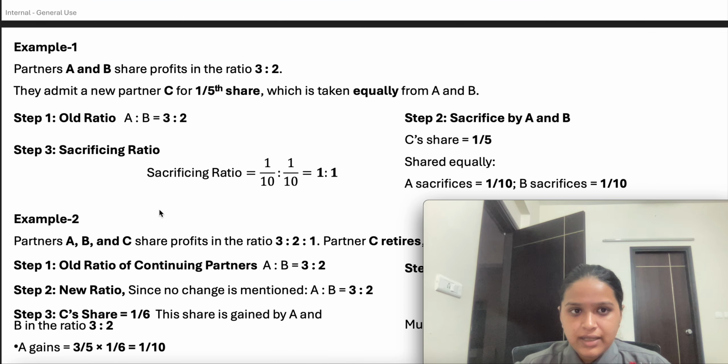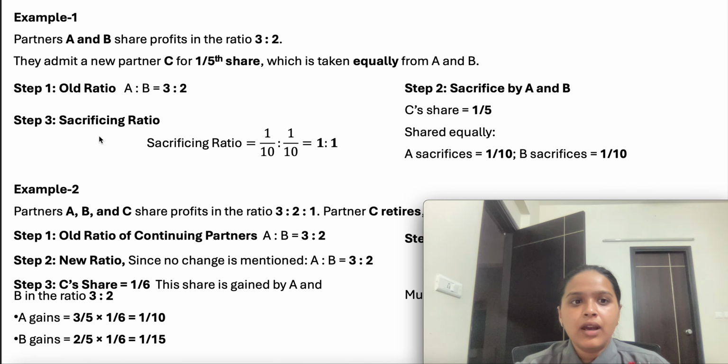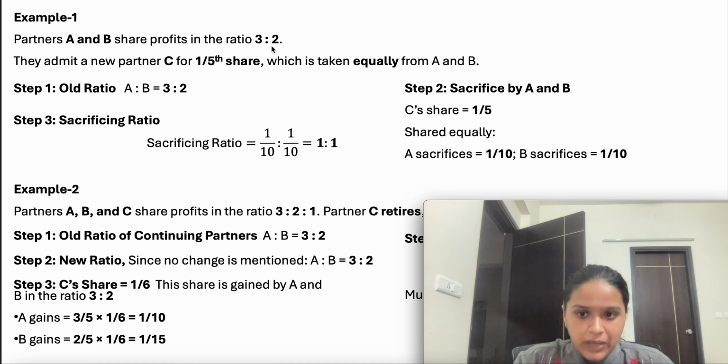Now we will understand this concept with a few basic examples. Example 1: partners A and B share profit in the ratio of 3:2. It means there are two existing partners sharing profits in the ratio of 3:2. Now they want to add a new partner C, and he will get a 1/5 share, which is divided equally between A and B. So whatever share C is getting, 1/5, is divided equally between A and B, right?